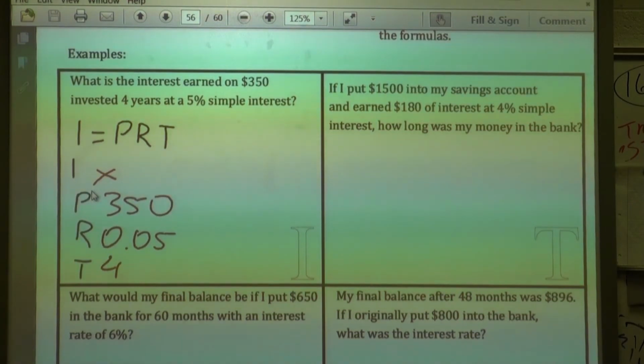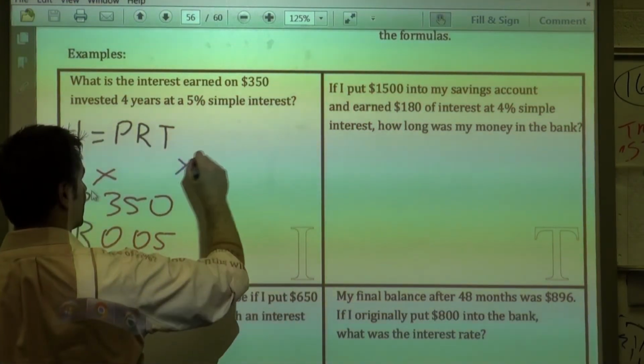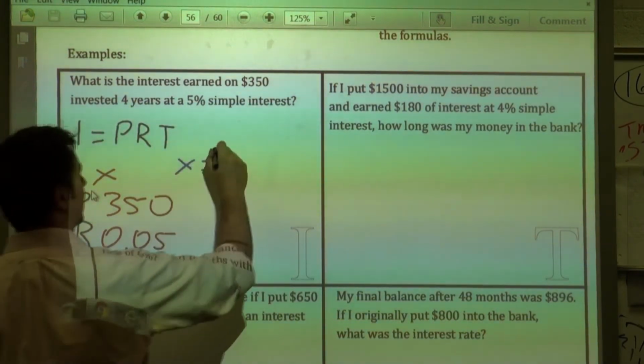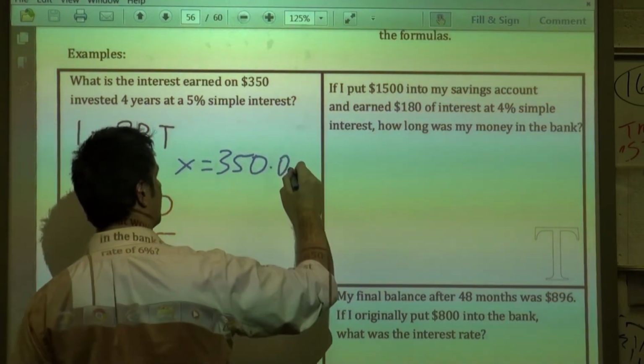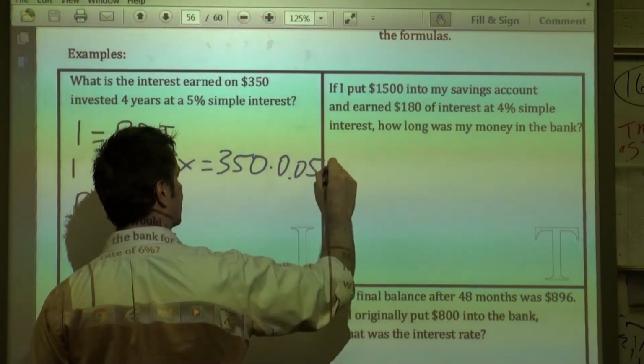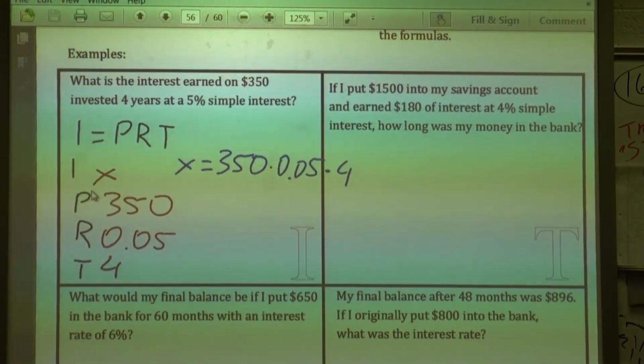Once you have everything set up this way, you put this all together, you plug those numbers in. So in our case, X will equal 350 times 0.05 times 4. You can use your calculator later on to quickly find the answer.